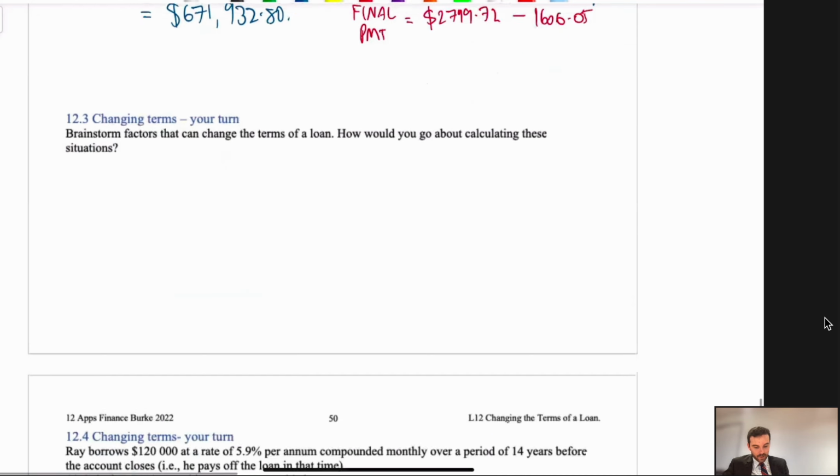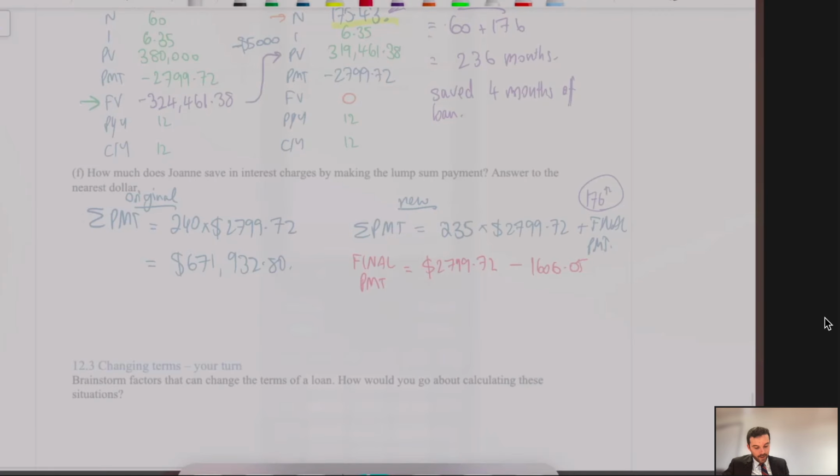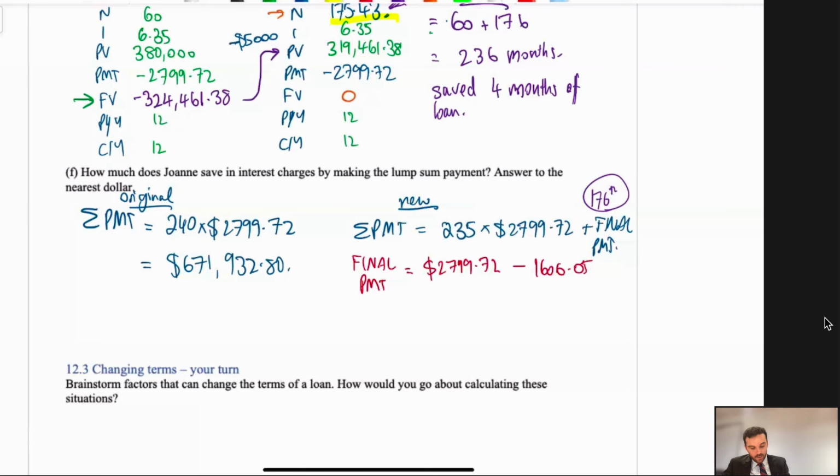Let me just double check that once more as well. Yes, great. All right. Now, if we put that all together, we have a sum of payment as being $659,127.87. So what's our savings?